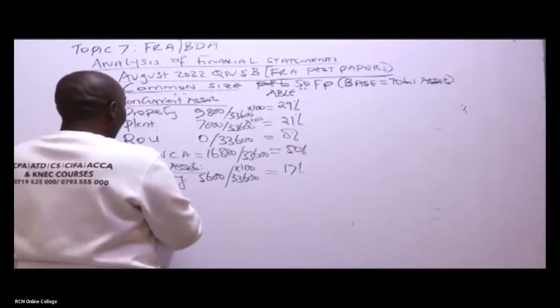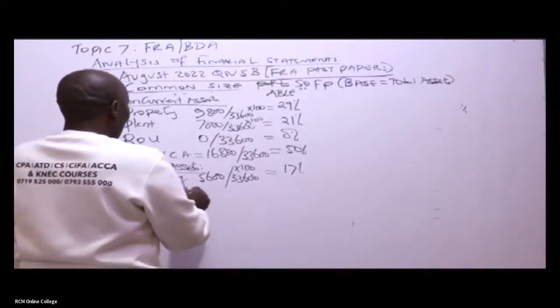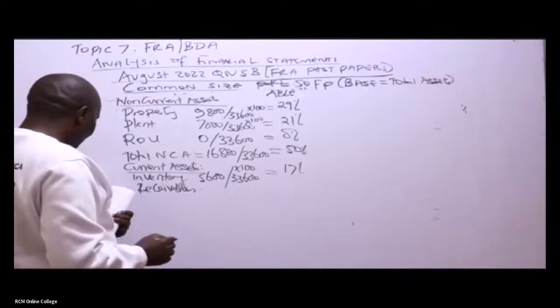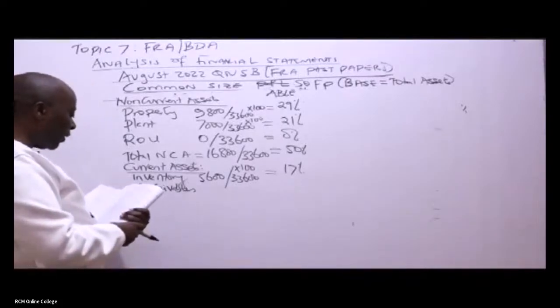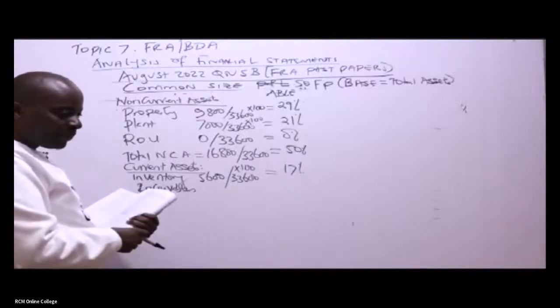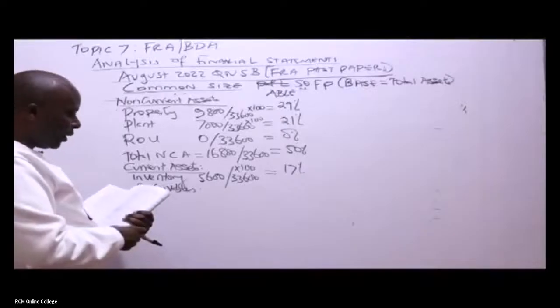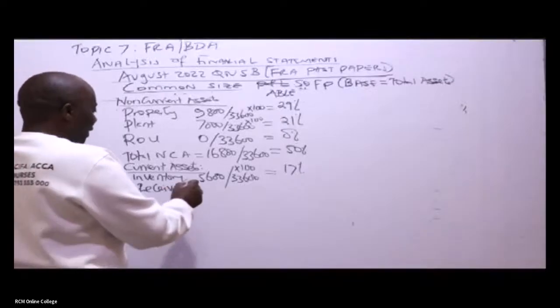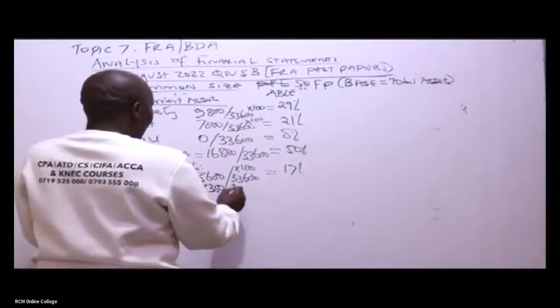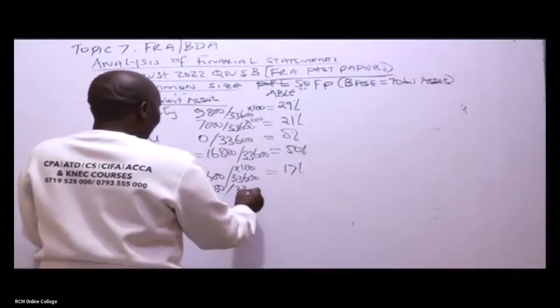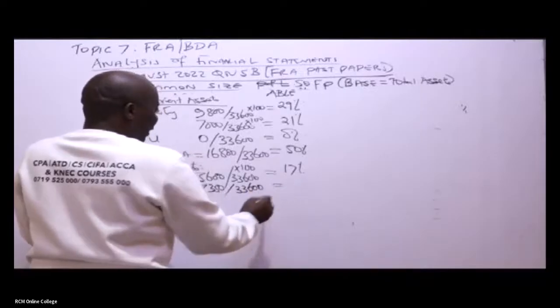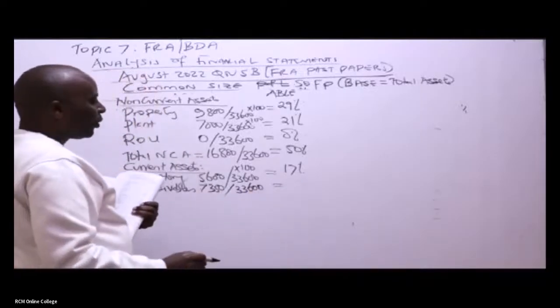Receivables. What do we have there for receivables? I can see 7,350, divided by 33,600, which will end up giving me what figure? 22%.